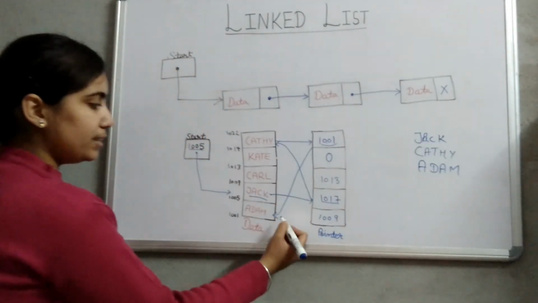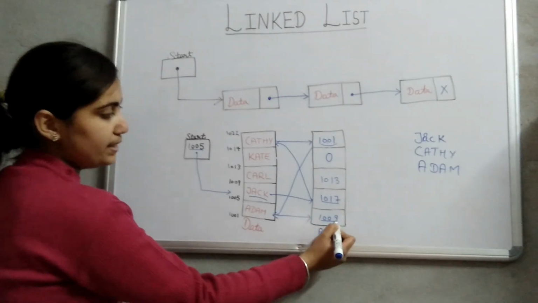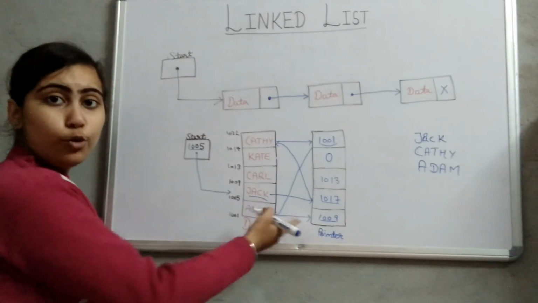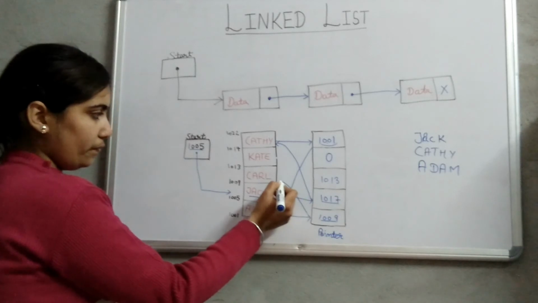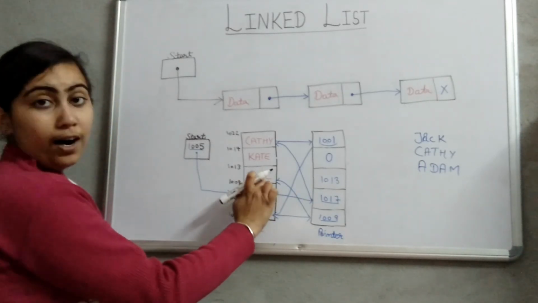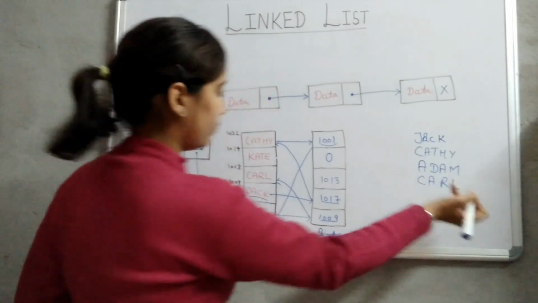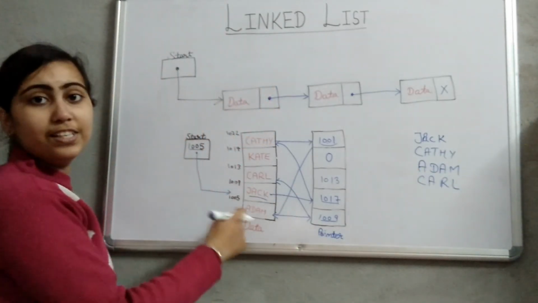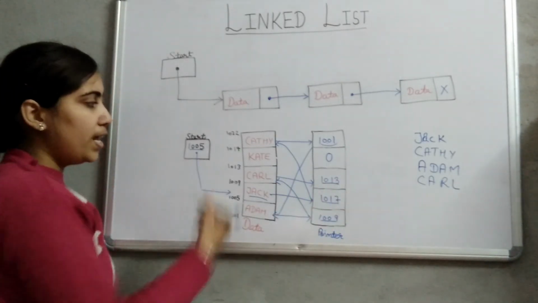Now, Adam contains the address towards the next node, that is 1009. If we go to 1009, we see the name Carl here. So let's write Carl. The same way, Carl points towards 1013.